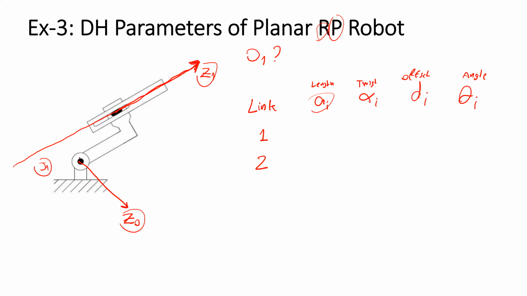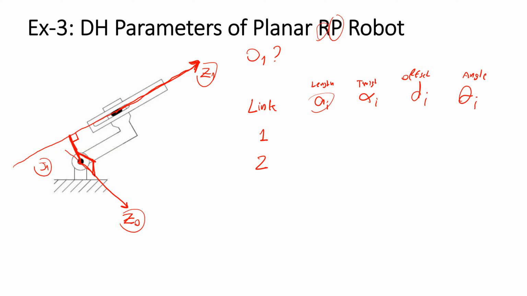The link length is the mutual perpendicular. The z0 axis is somewhere. The mutual perpendicular will be the line that is perpendicular to Z1 and also perpendicular to Z0.